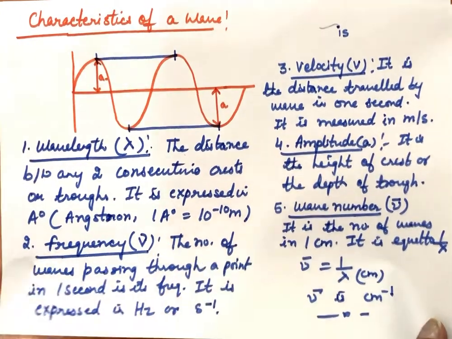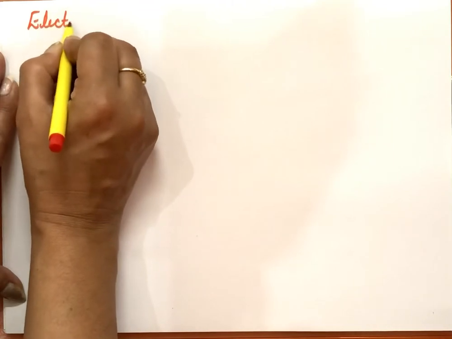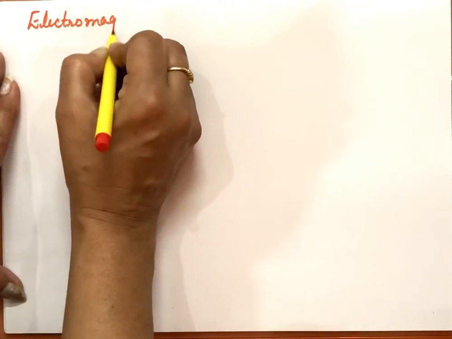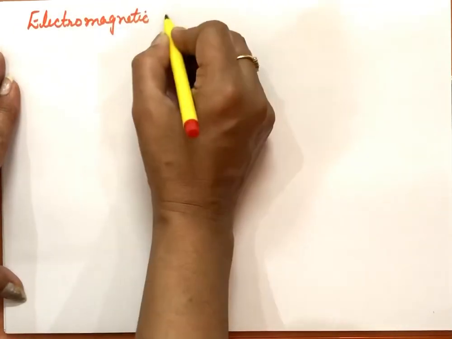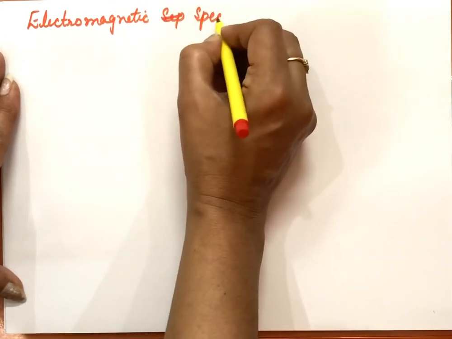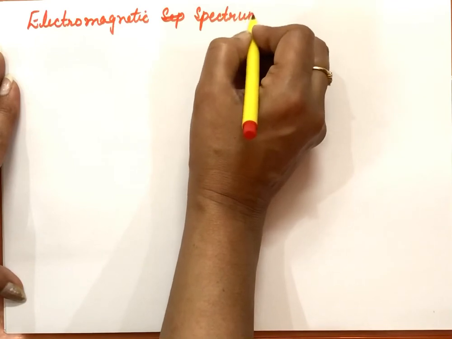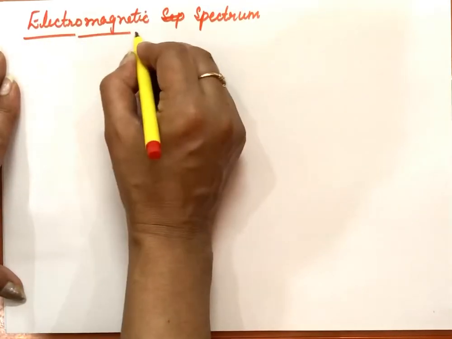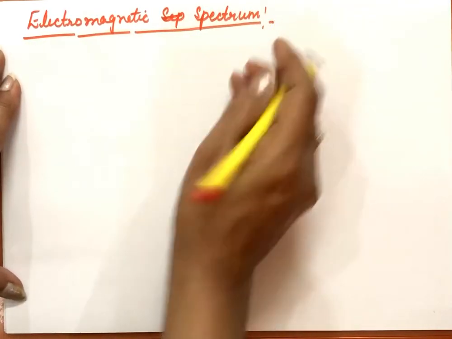After doing the characteristics of wave, moving on to the next topic, that is electromagnetic spectrum. Now, what is electromagnetic spectrum? All known electromagnetic radiations, we will do the examples of these now only.